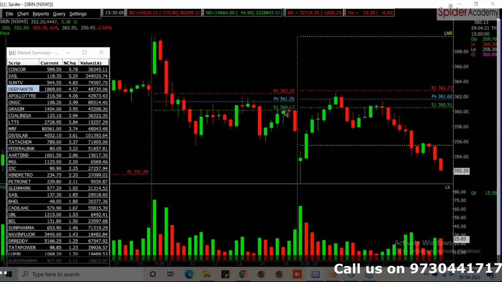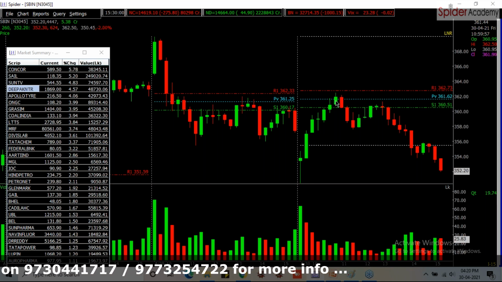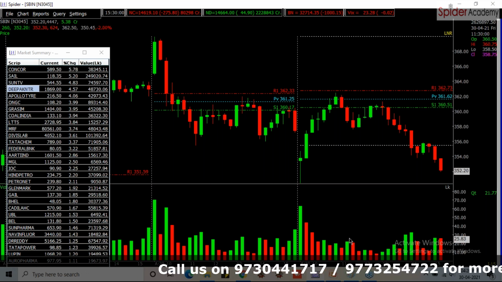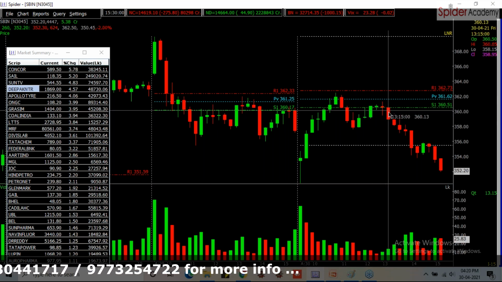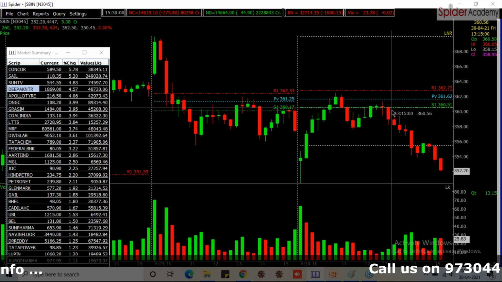And when we are looking for the short side, it should resist near these particular levels. In SBI, we can see it slightly came near to those levels and then sharply turned around. And when it turned down, we can see volume slightly generating over there. Again, when the prices tried to come inside, they got a sharp turnaround, and this was the point when you can enter for the short side.